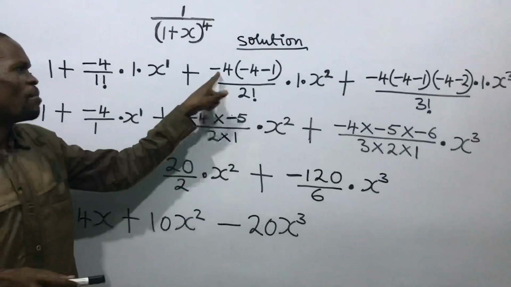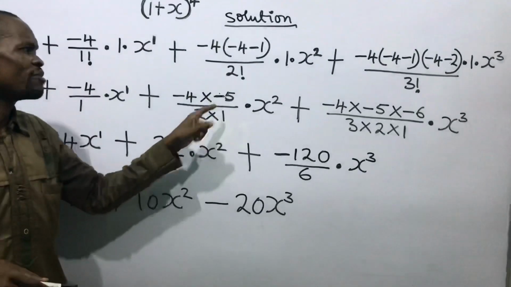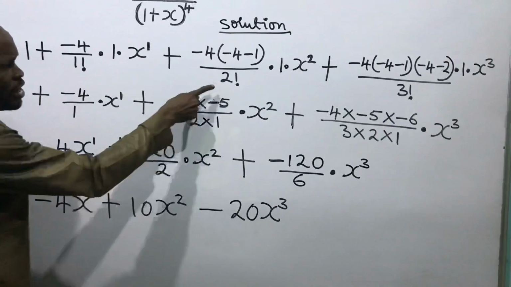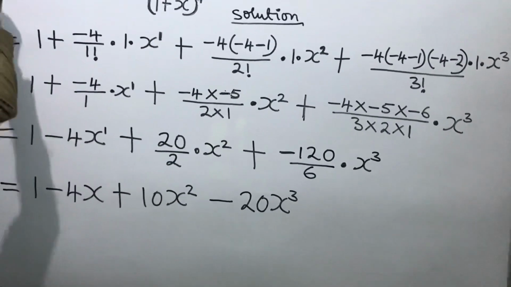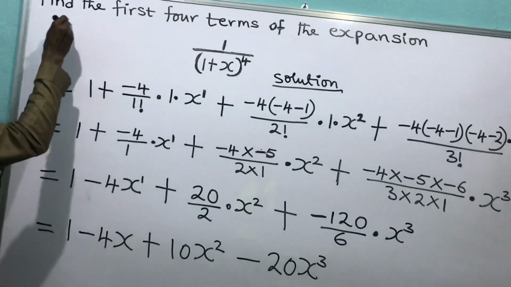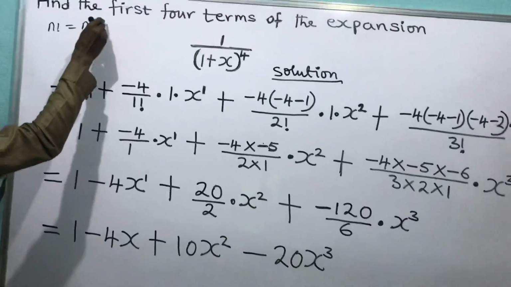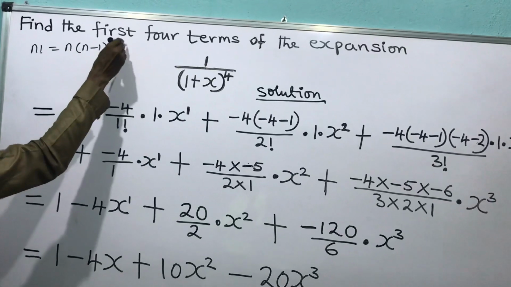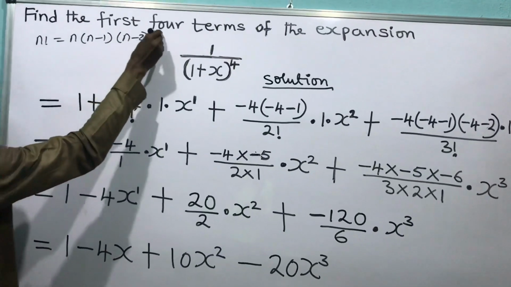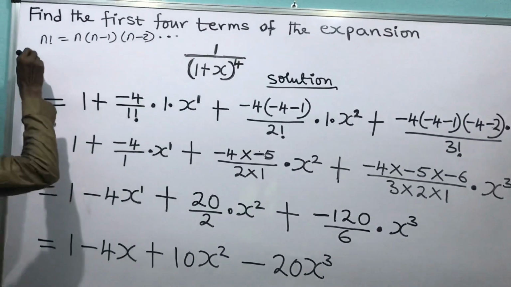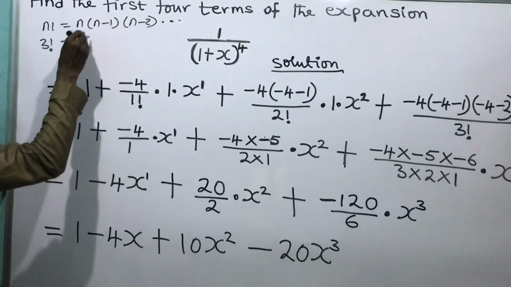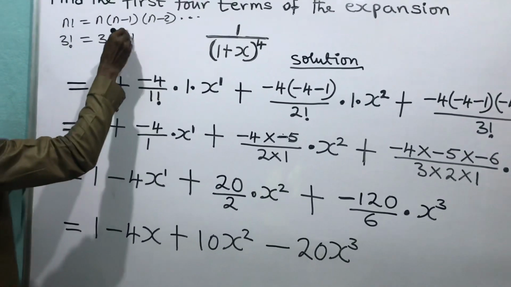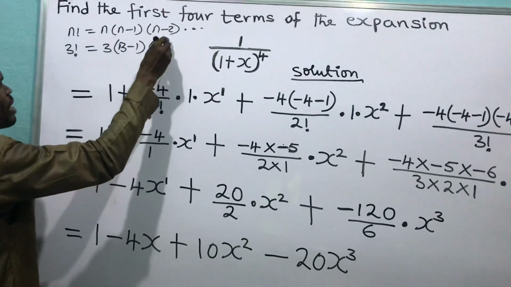Then because minus 4 times minus 5 over 2 factorial. This 2 factorial means 2 times 1. What do we mean? If we say n factorial is equals to n into n minus 1 into n minus 2 dot dot dot. And what does it mean? If I have now 3 factorial, what it means is 3 into 3 minus 1 into 3 minus 2.